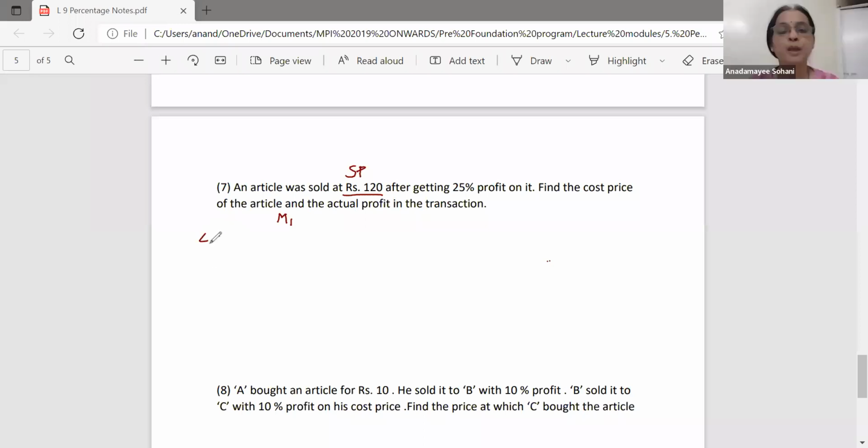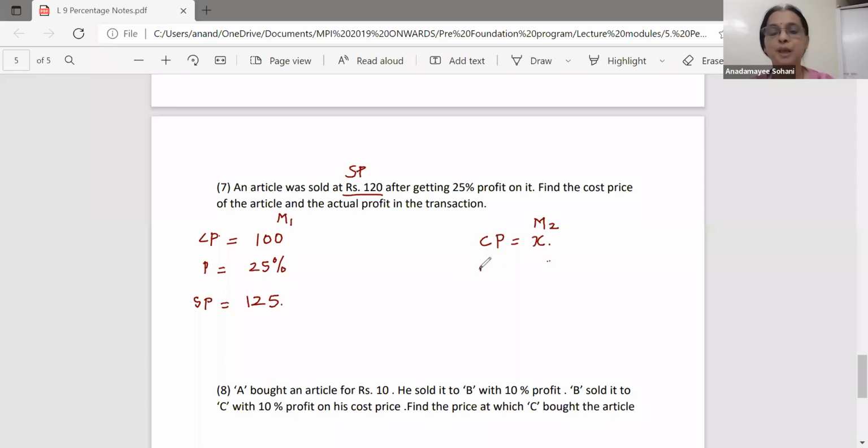Now, I don't know the cost price, so I may take the cost price as 100, or I may take the cost price as x. We can do it in two ways. If my cost price is 100 and my profit is 25%, then my sale price will become 125.